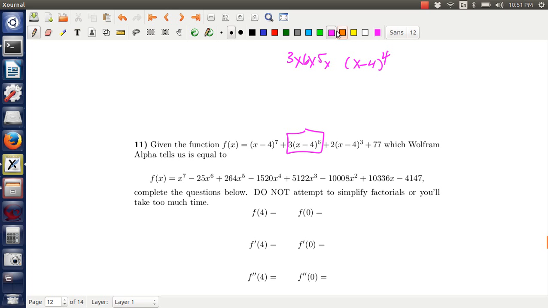Okay, you want to take another derivative, then this guy comes down here, you see, and so on and so forth. So you're getting 6 factorial. You're going to get 3 times 6 factorial right there. So when you take the 6th derivative at 4, these terms won't be active yet, and these terms will be past their prime. So the only one you're going to see is 3 times 6 factorial.